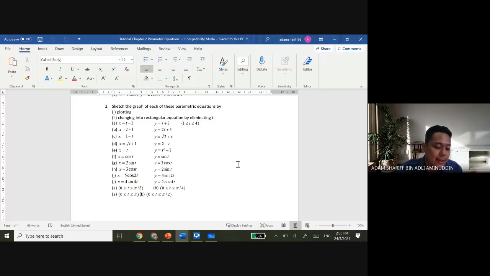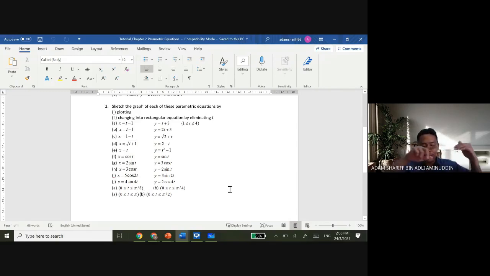Soalan ni berdasarkan x equals to 4 sin 4t. The one more is y equals to 2 cos 4t. Soalan yang sama tetapi 4 julat yang berbeza. 4 different ranges actually I suppose here.